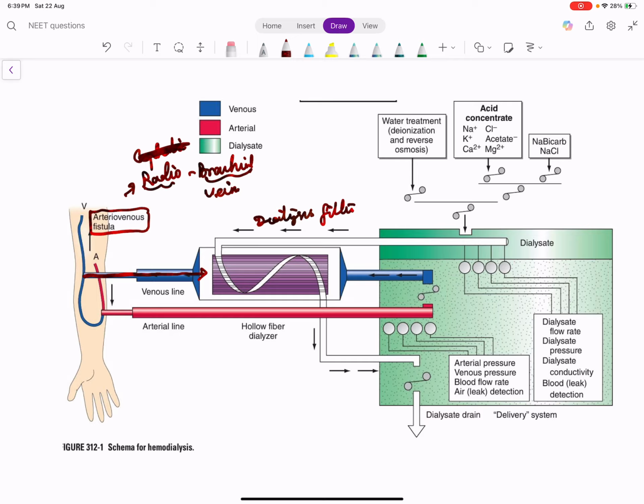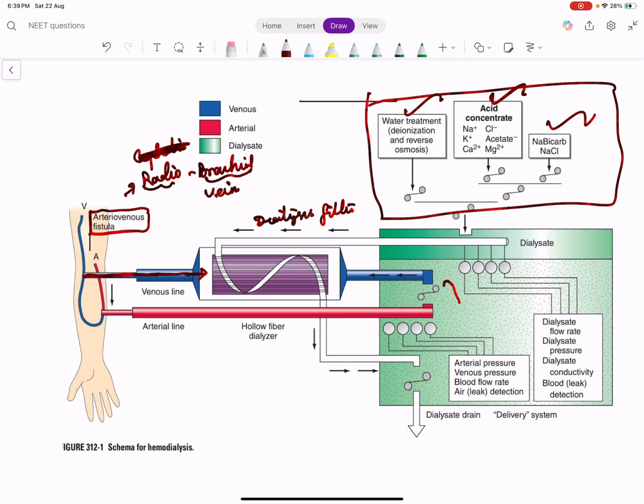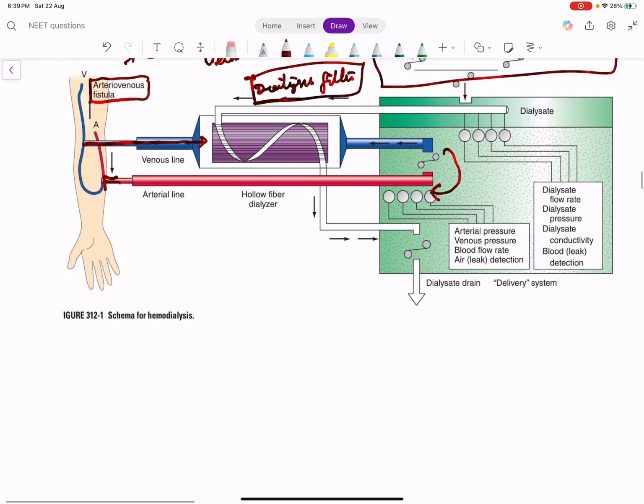This membrane filters the blood. It removes the excess water. It removes excess electrolytes. It removes the creatinine. It removes bicarb. So many of these are removed by the filtrate, and the remaining blood is pushed back into the arterial system. This enters the blood. So the kidney's function is done by the dialysis filter or dialysis membrane.